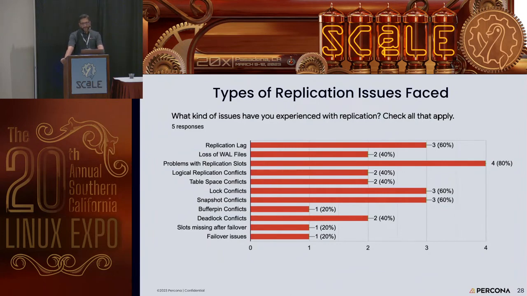But if you look at the conflicts that are there, you have the lock conflicts, you have the snapshot conflicts, and buffer pin and deadlock are a little rare, but they're conflicts that can potentially be avoided. Replication slots, obviously, you can't do much. You couldn't do much previously. You can now kind of hack it through Patroni with some of the recent changes that they've introduced.